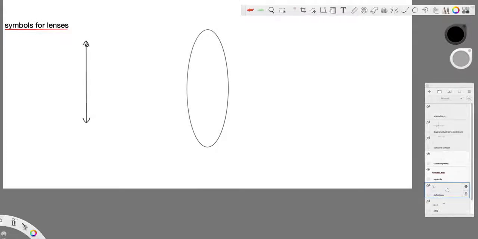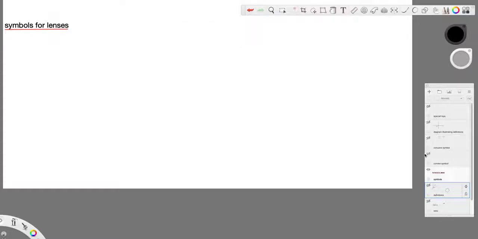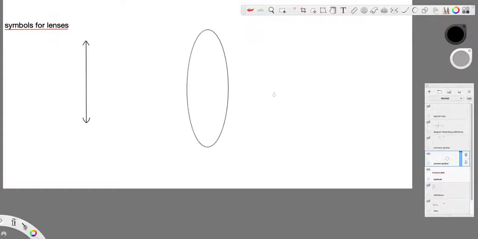The difference between the convex symbol and the concave symbol is the direction of the arrowheads on the ends of the line. This is meant to indicate the divergence of the light as it passes through the lens, whereas this represents the convergence of the light going through the lens.